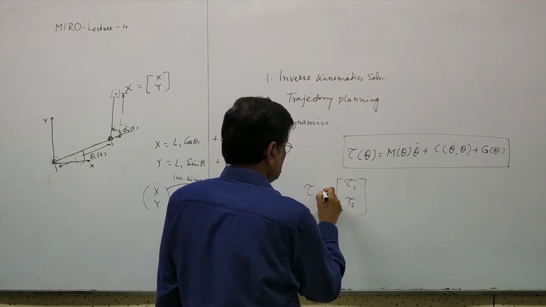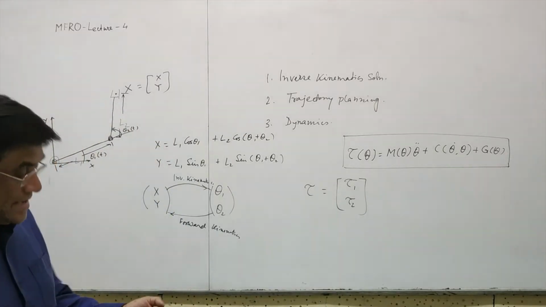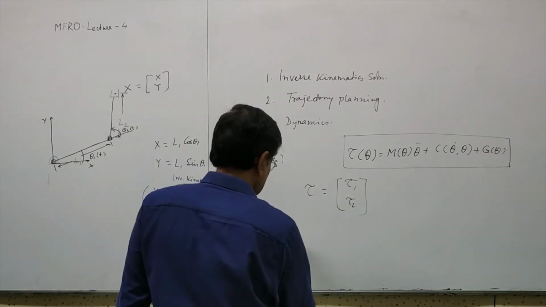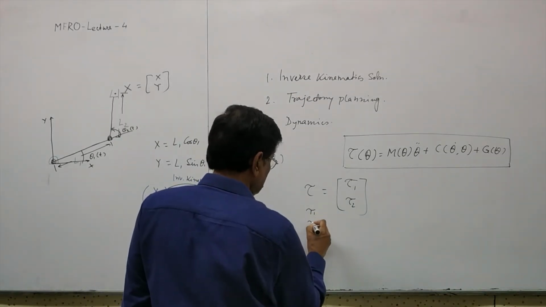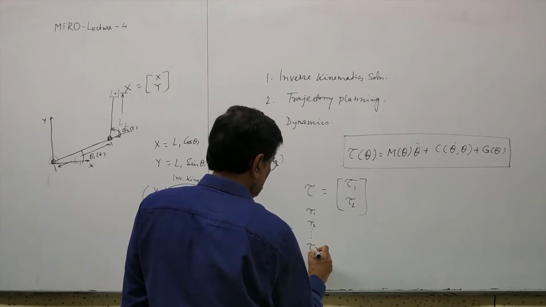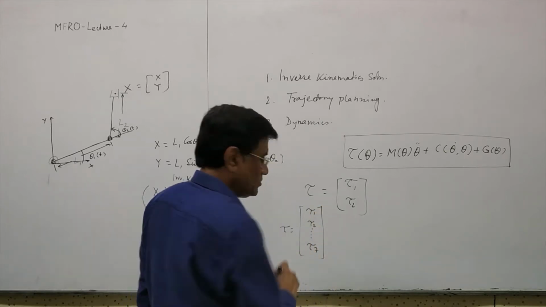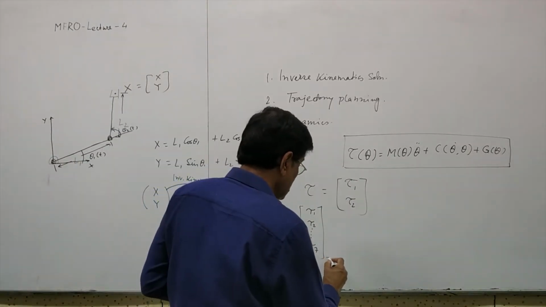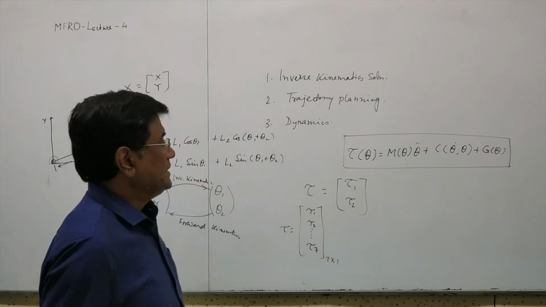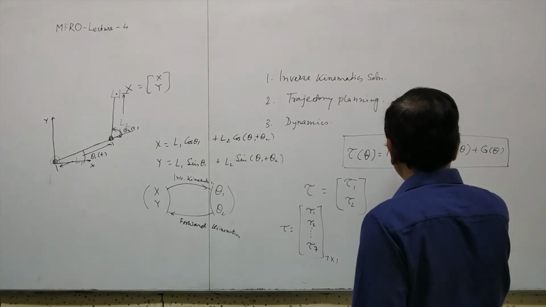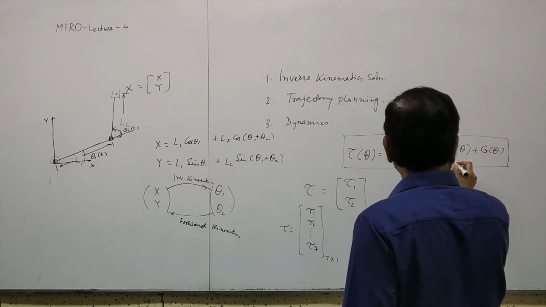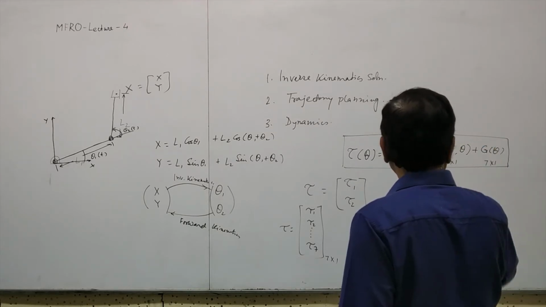If I have a Dexter type of robot which has 7 joints, then the tau dimension will be 7 cross 1. Then this dimension will be 7 cross 7, this is also 7 cross 1, and this is also 7 cross 1.